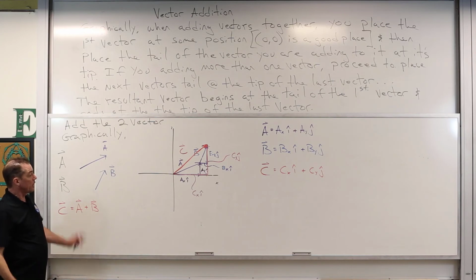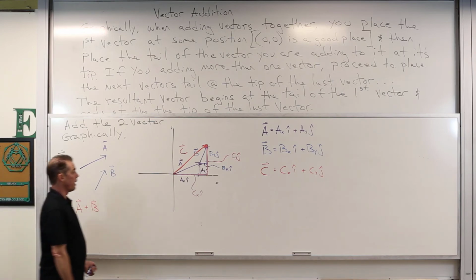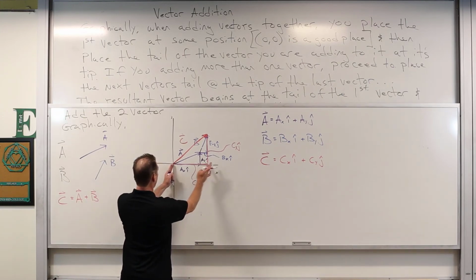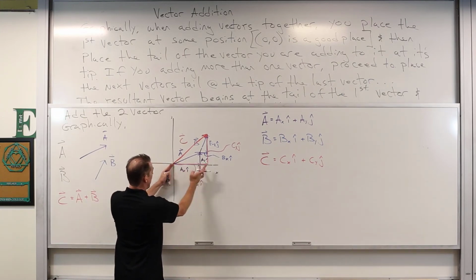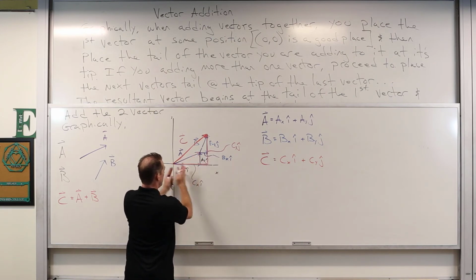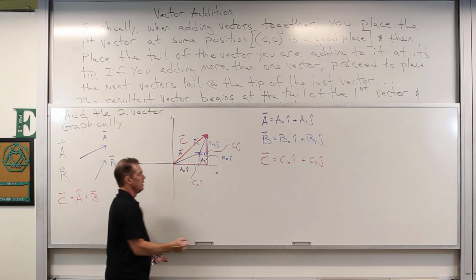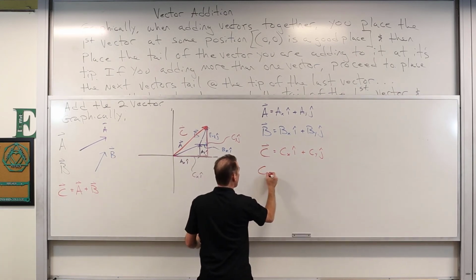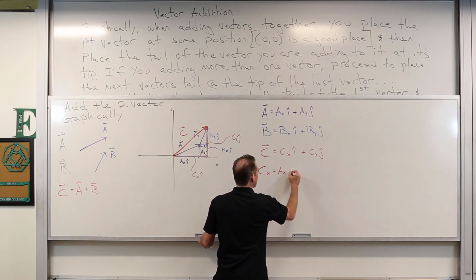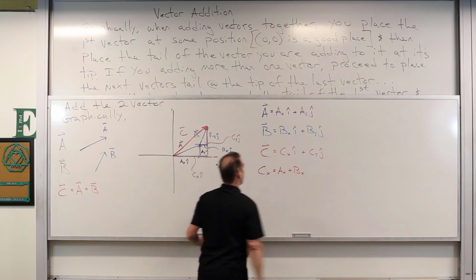Now let's look at what C sub x and C sub y are really composed of. If you look at this, C sub x is this total amount here. If I go over A sub x and then I go over B sub x, that's equal to C sub x. So we have that C sub x is equal to A sub x plus B sub x.